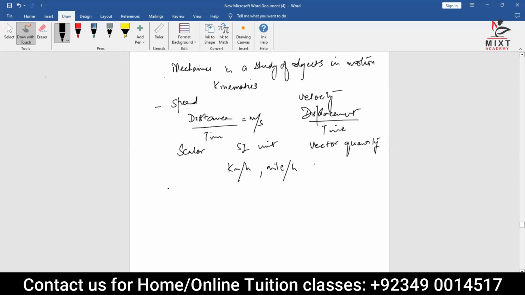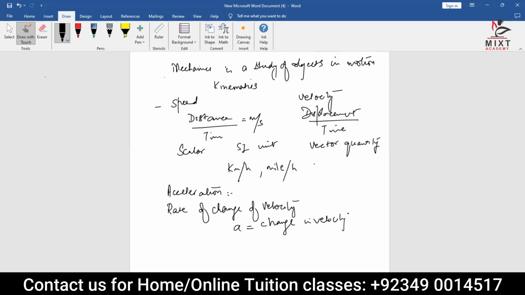After that, we will have another quantity called acceleration. Now, what is it? Change in velocity per unit time. The easiest way to explain that is the rate of change of velocity. Whenever you use the word rate, it means divided by time. So basically, a is equal to change in velocity divided by time.